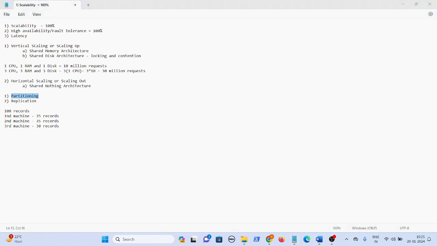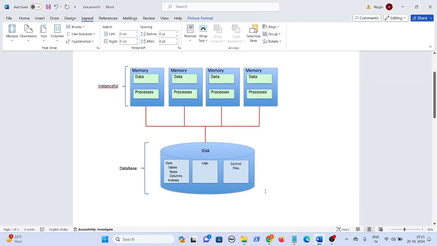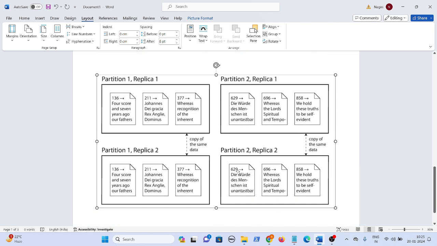I'll explain both partitioning and replication with the help of a simple diagram. If you see here, the left part is partition 1 and the right part is partition 2. Even in partitions, you have replicas also, replica 1 and replica 2. In the first partition, you have 136, 211 and 377. In the second partition, you have 629, 696 and 858.